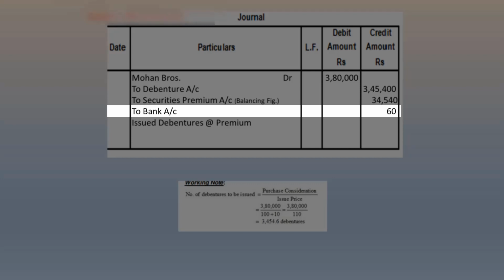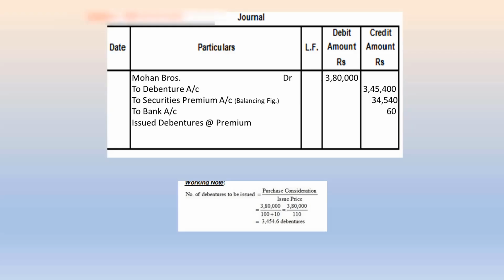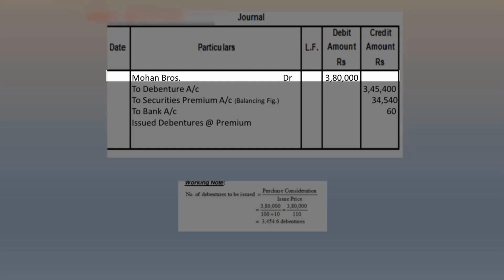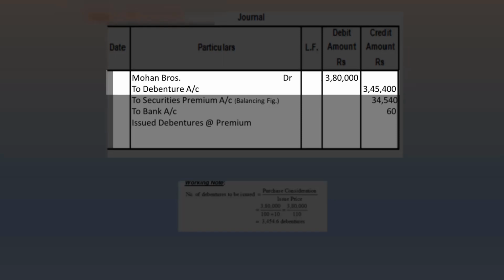It is to be noted that debentures of a nominal value totaling to an amount less than the consideration is issued in full settlement thereof. The consideration or obligation is greater than the debentures issued in full satisfaction thereof.